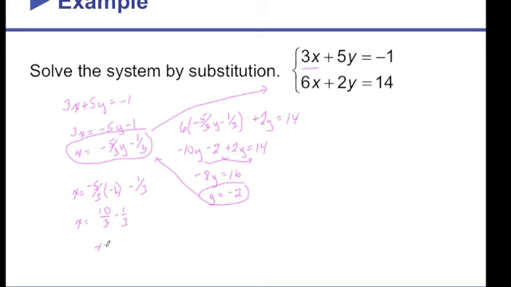So x will equal 9/3, or x equals 3. Substituting that into the other equation, 6 times 3 is 18, plus 2 times -2, so -4. 18 plus -4 is 14, and those answers check.